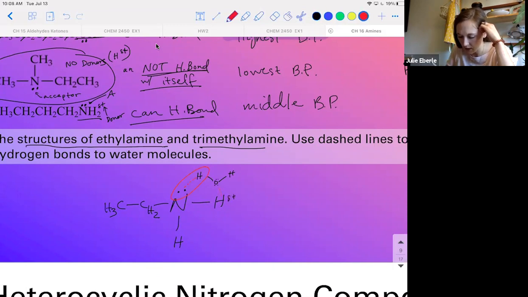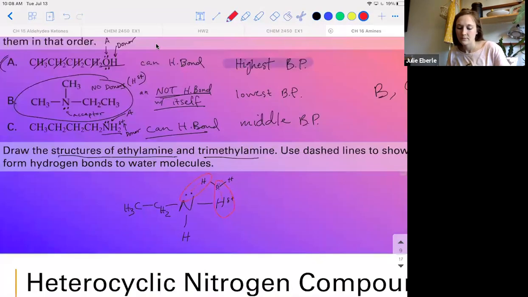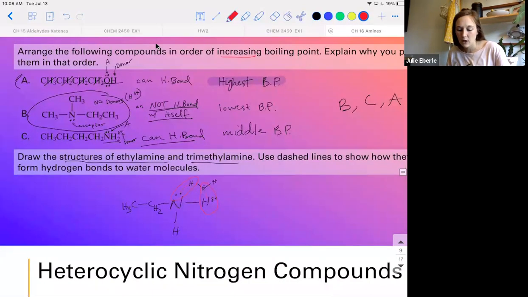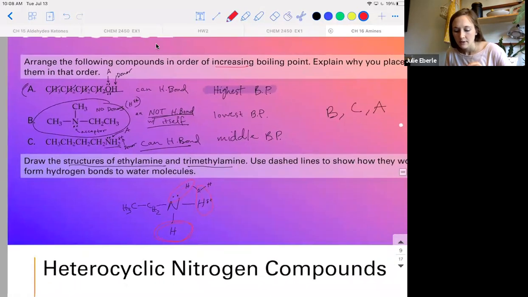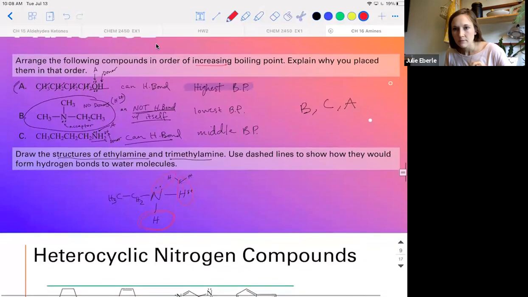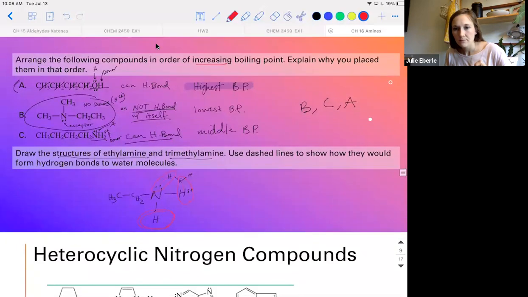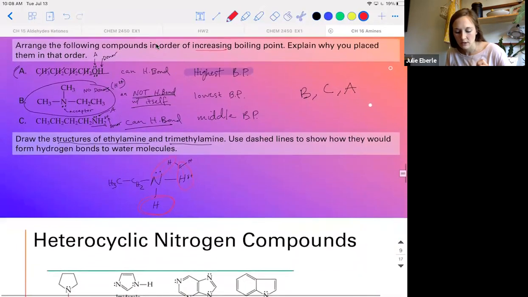So I get a hydrogen bond there. You could also get hydrogen bonds down here with this other positively polarized hydrogen, but I'm not going to draw that out right now. This is very similar to what you've done in the hydrogen bonding lab. Questions on that?